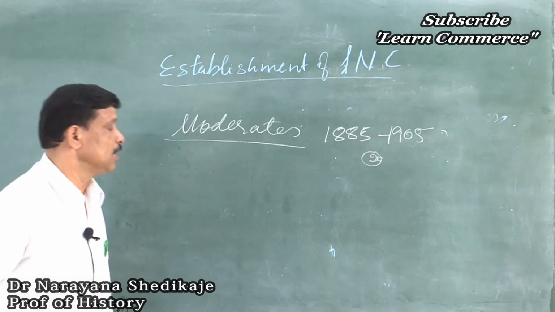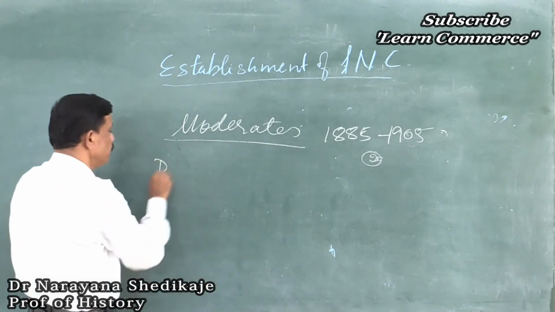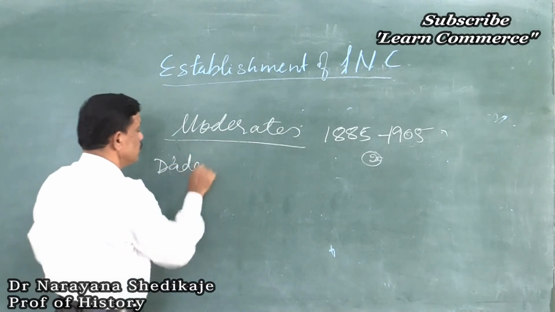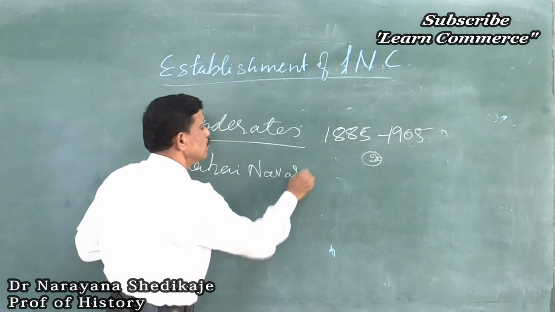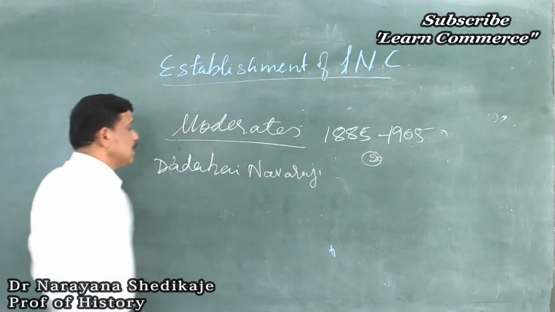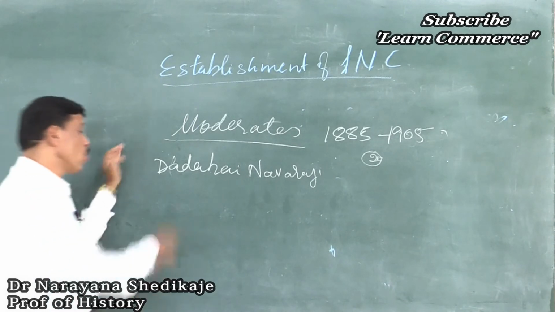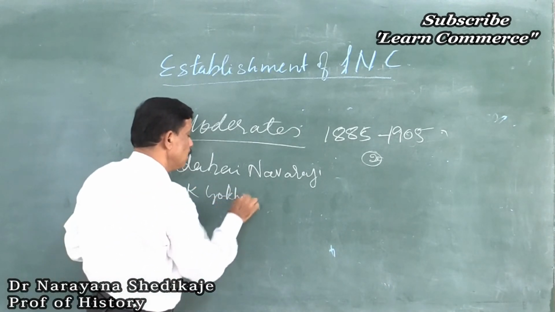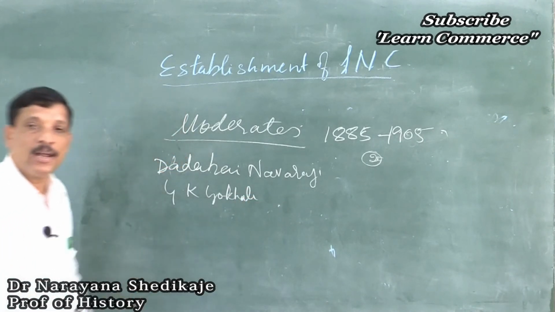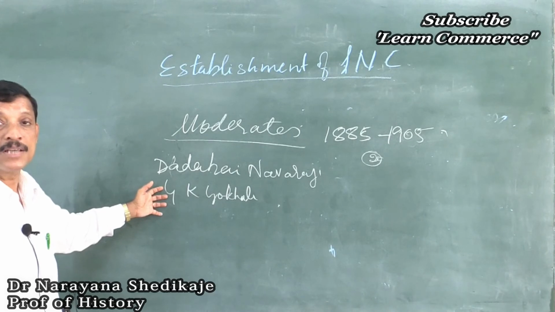Who are these moderates? Dadabhai Naoroji, Badruddin Tyabji, Gopal Krishna Gokhale, and others, and Surendranath Banerjee, S.N. Banerjee.